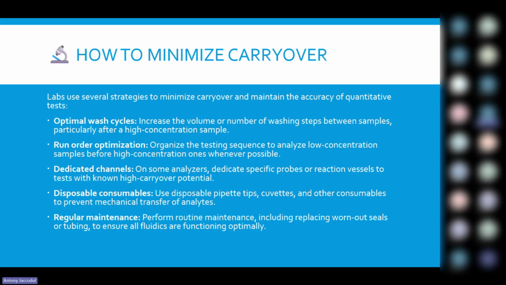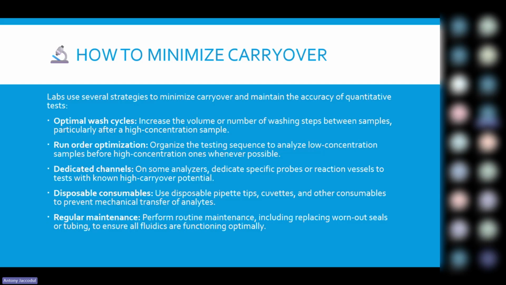So instead of having only one washing step, most machines nowadays increase the wash volumes of the wash materials, and also the number of wash steps between one sample and another, ensuring that as much as possible, we do not carry over remnants of the previous samples.